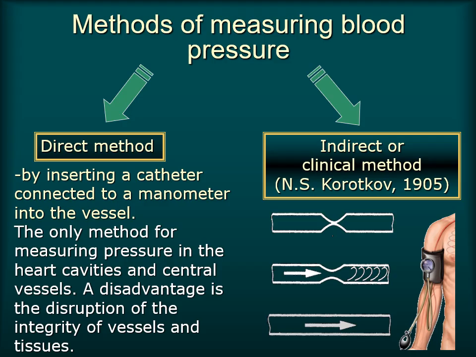That is, the pressure is measured in the cuff, not in the vessel. Well, I repeat, since it is believed that the pressure in the cuff is approximately equal to the pressure in the artery, it remains only to compare the sounds that this artery produces depending on its condition. Completely blocked, partially blocked, completely restored.